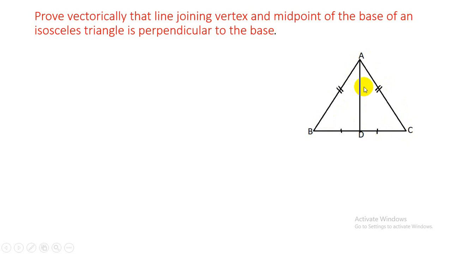It means this ABC is an isosceles triangle and D is midpoint of BC. We have to prove that this line AD is perpendicular to BC.